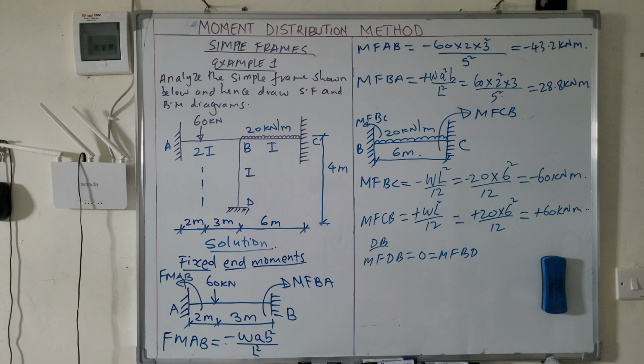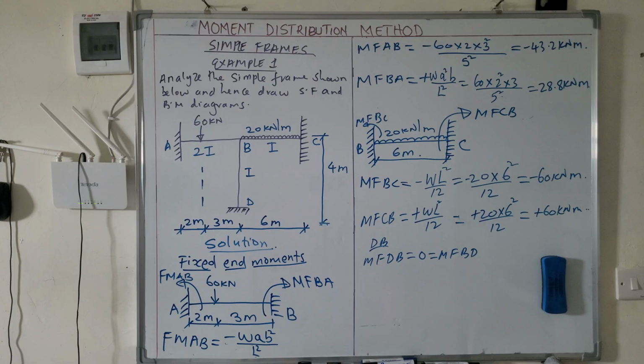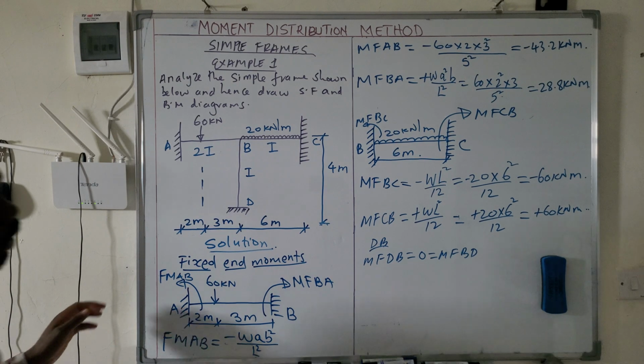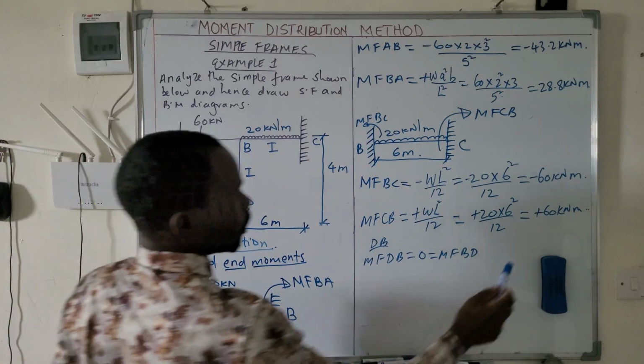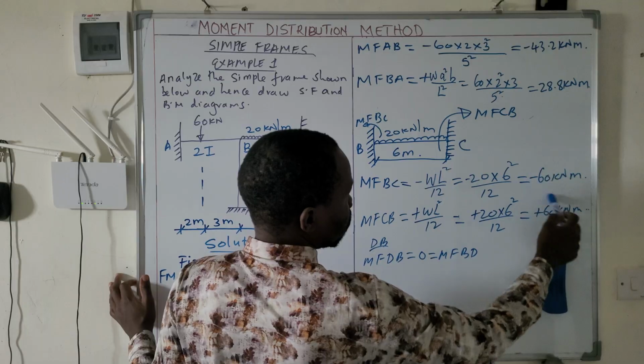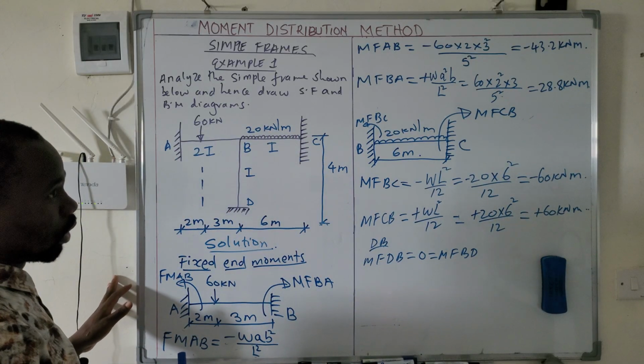The next thing we'll be calculating is stiffness factors. So let's proceed to stiffness factors. And because of space, I will wrap this and also this. But these values, we'll use them later in our calculation.